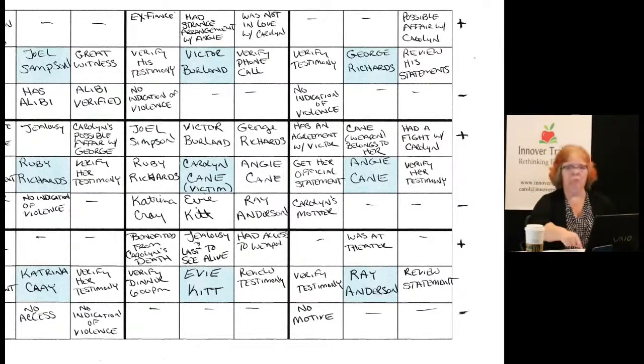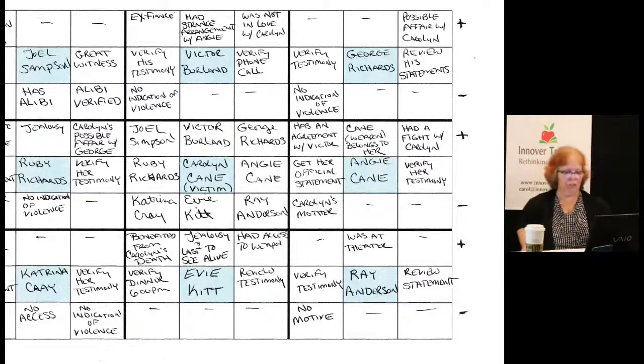And the 8 people that I put around her name here are the suspects until they get ruled out. Once they get ruled out, then they become a witness. So in each of the squares around Carolyn Kane's center square, I put the name of each of these suspects.